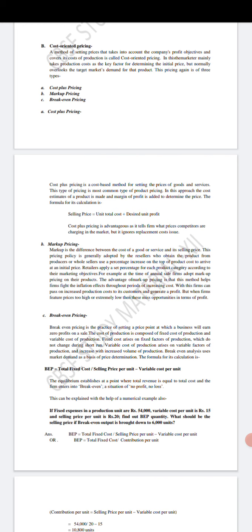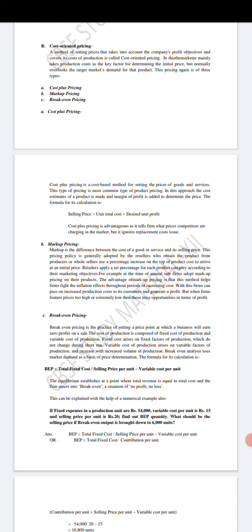Last but not least is the break even pricing method. It's a very easy and important method. In this pricing, we try to find a break even point. At the break even point we try to cover our cost. It means we sell the product at the same price as its cost. For example, if rupees 10 is the cost of the product, then rupees 10 is the price of that product.